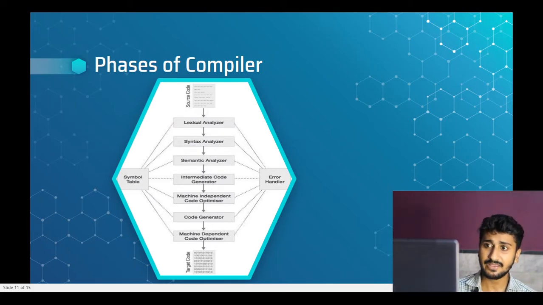So in the intermediate code generator, the program is in the middle, between these two languages. This intermediate code should be generated in such a way that it makes it much easier to translate into the target machine language, the low level language.